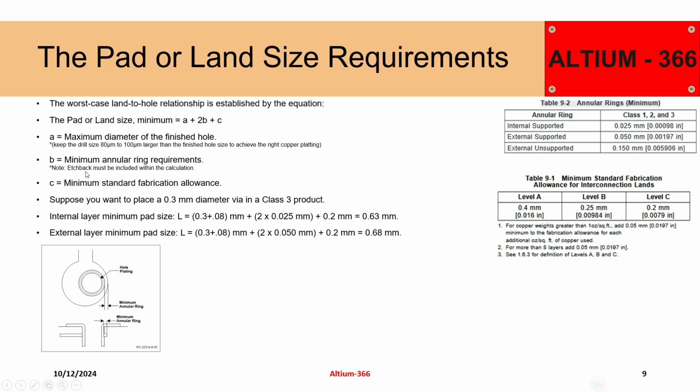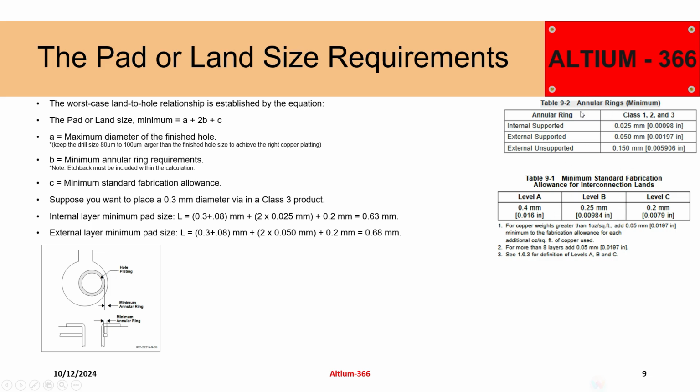Here you should not forget the plating, that should also be included. But if we take the drill size larger than the diameter you need, like 18 to 100 micrometer, then it's already covered. Then C is the minimum standard fabrication allowance, which is 200 micrometer.